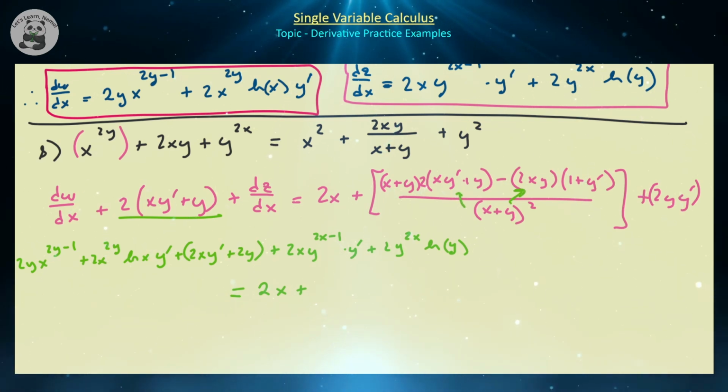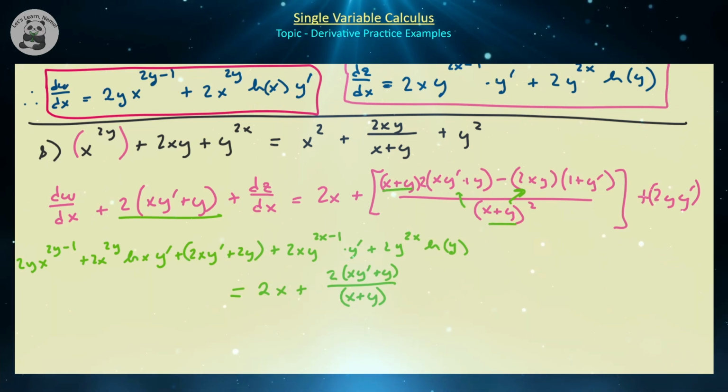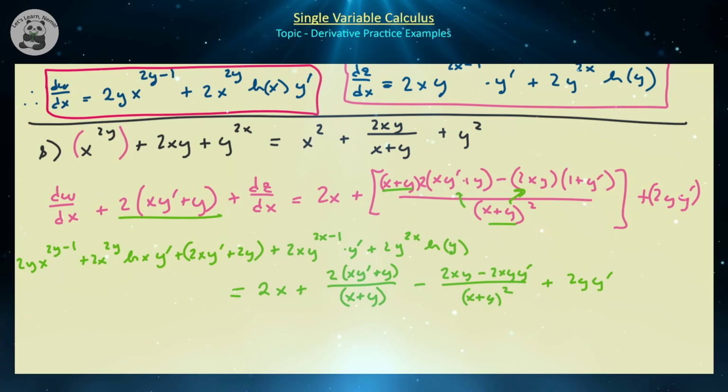Let's be careful here. 2x y prime plus y over x plus y, because x plus y is in common with there and there. And then over here we have minus 2xy minus 2xy y prime all over x plus y, the quantity squared, plus 2y y prime.